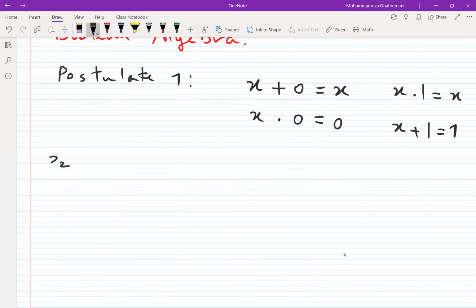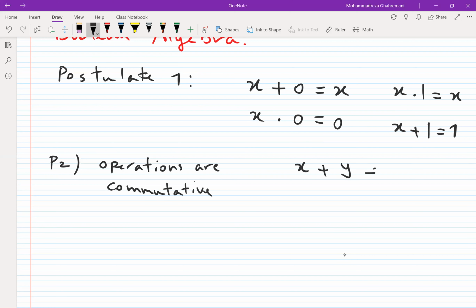P2, postulate 2, is called commutative. The operations are commutative. So x plus y is equal to y plus x.